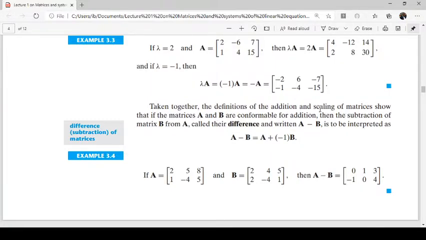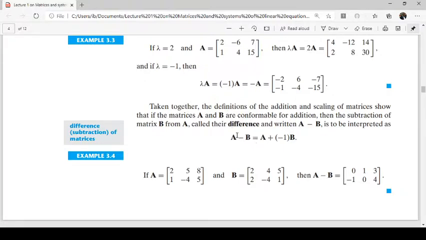With the definition of addition and scaling of matrices, if matrices A and B are conformable for addition, then the subtraction of B can also be defined.